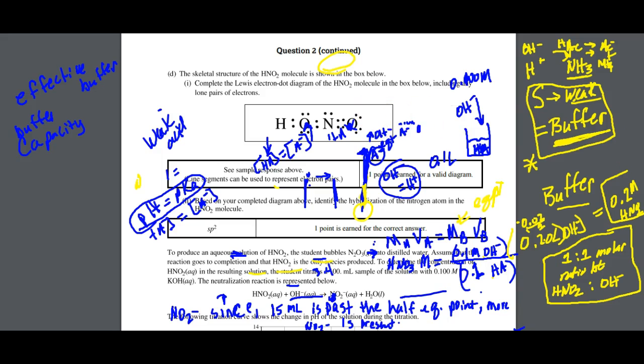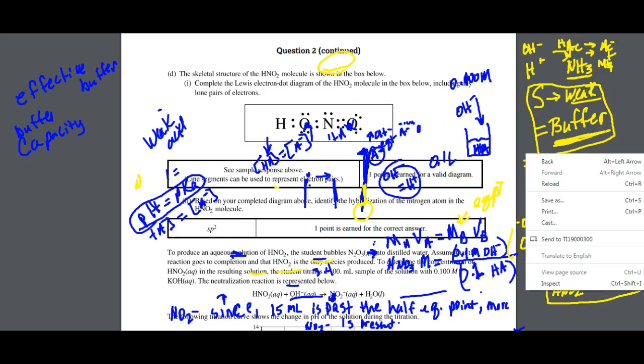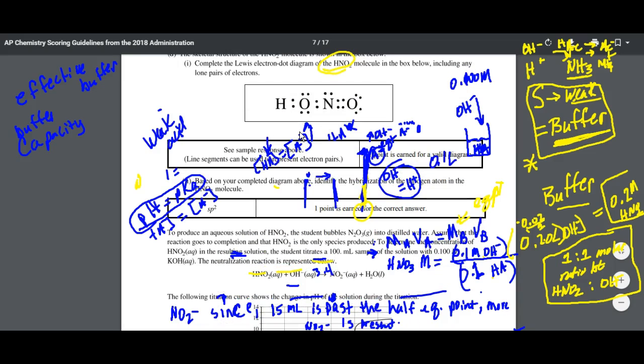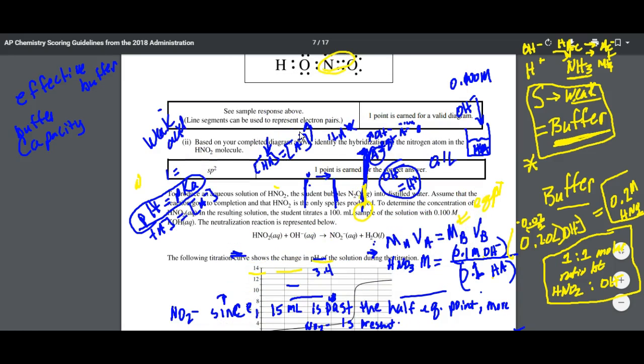Okay, so how many points did we get? One point for a valid diagram. SP2, another point. Racking them up.